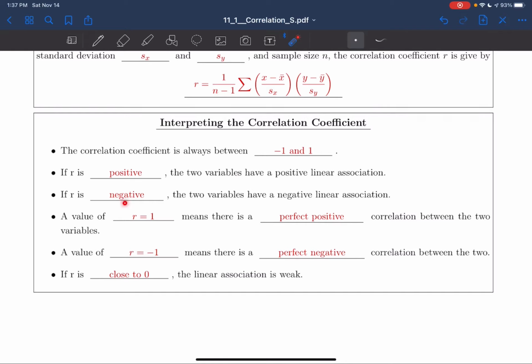If R is negative, then the two variables have a negative linear association. If the value is equal to 1, there is a perfect positive relationship between the two variables. And if the value is -1, there is a perfect negative correlation between the two variables.